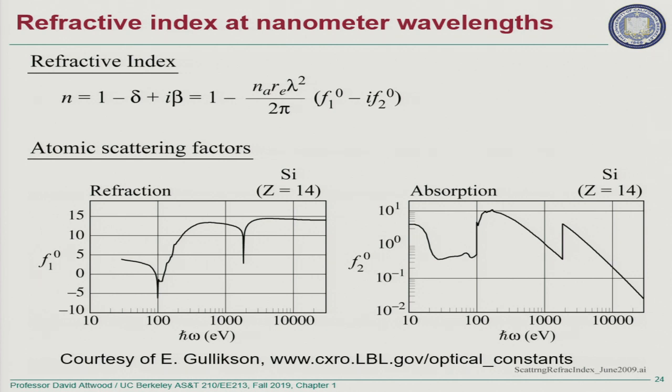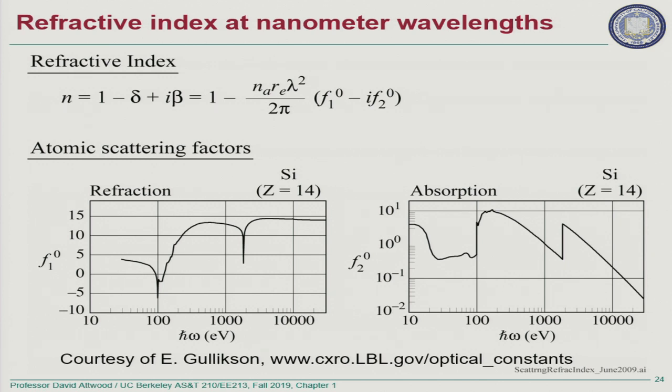Also, f1 and f2 are both functions of wavelength as well. So really in this equation, pretty much everything is known because people have measured f1 and f2, assuming you know the wavelength, but the density is pretty hard to know in advance.